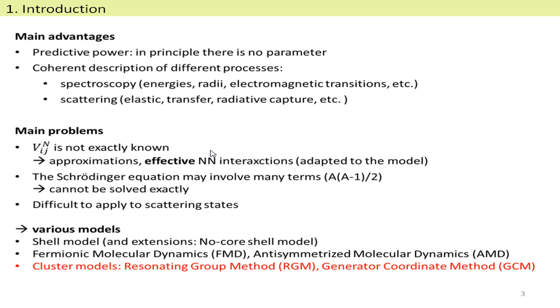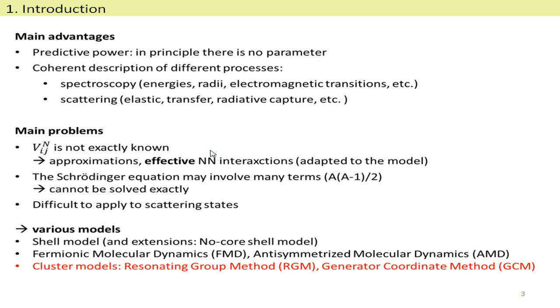And this is why there are various models which all start from a microscopic Hamiltonian, but they differ in the approximations. Of course, the shell model, that's probably something you know, and recent extensions with the no-core shell model. This is simply an extension of the shell model without any assumption about a core.